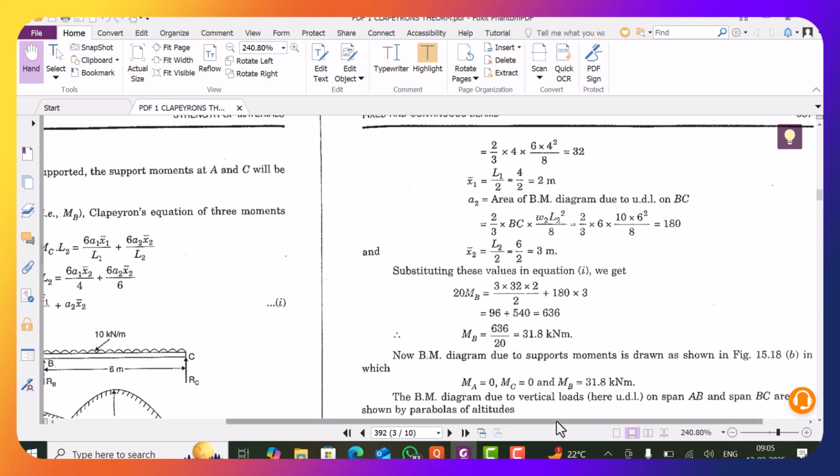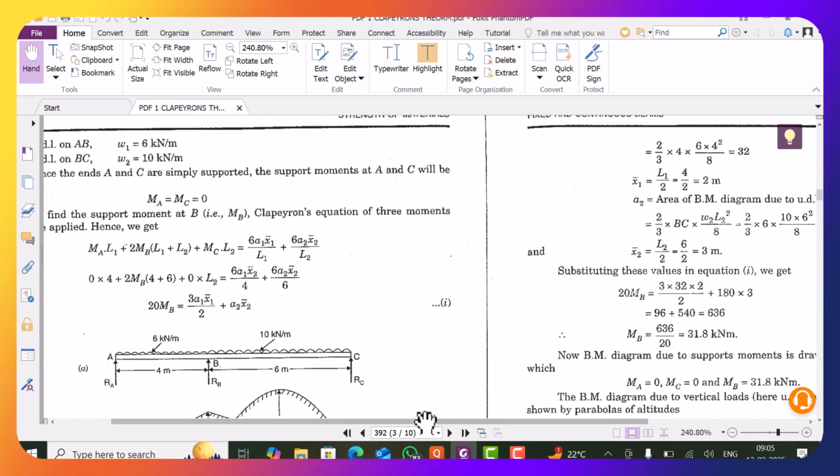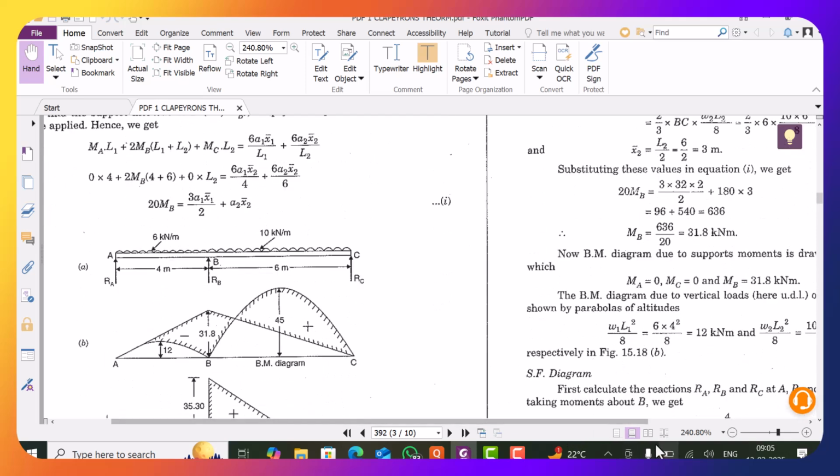Now we have to calculate the value of A2. Again, A2 is the area under the bending moment diagram of span 2. This area will be A2.